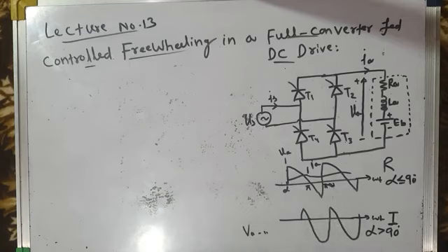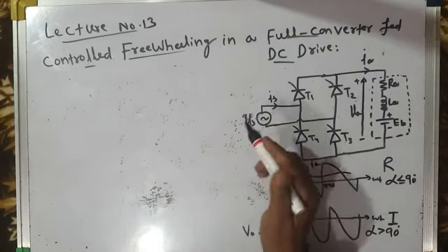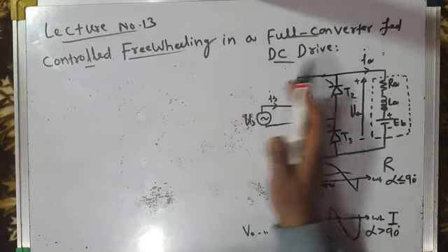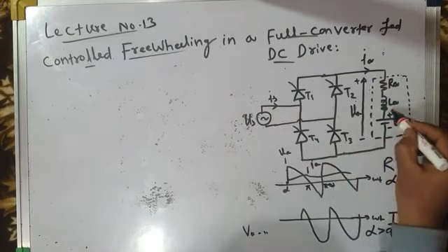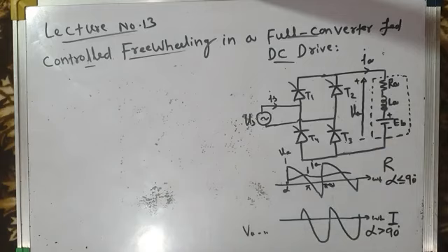The question is, can we stop the flow of reactive power between source and load? In other words, when there is a flow of power from source to load, a small power gets stored in the inductance.